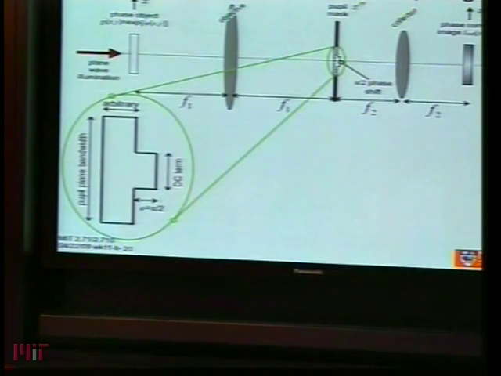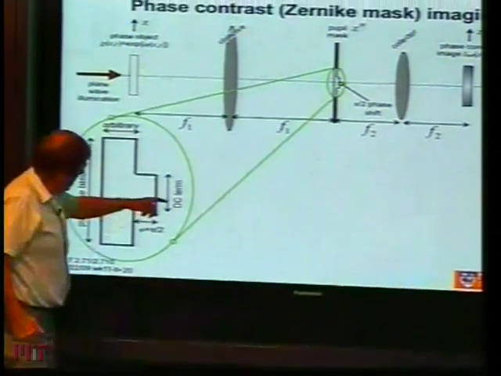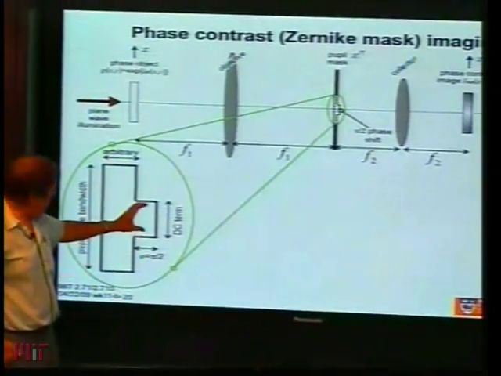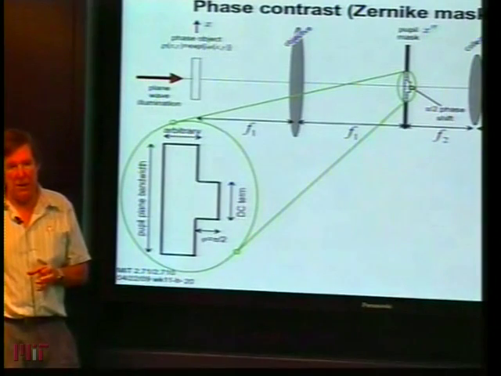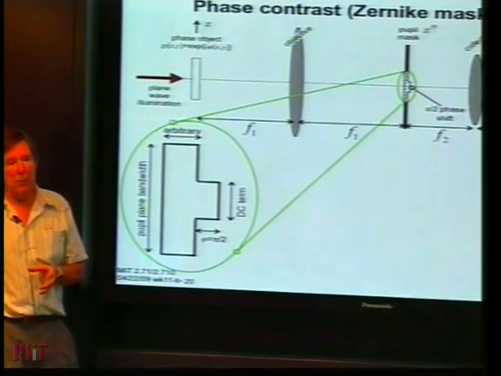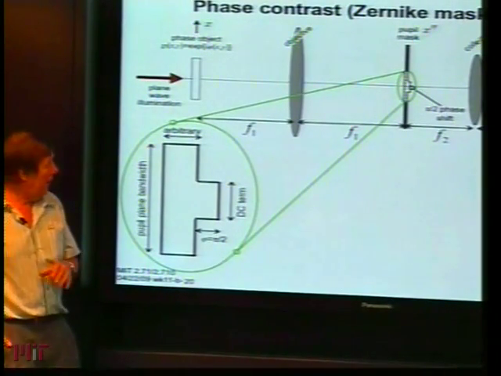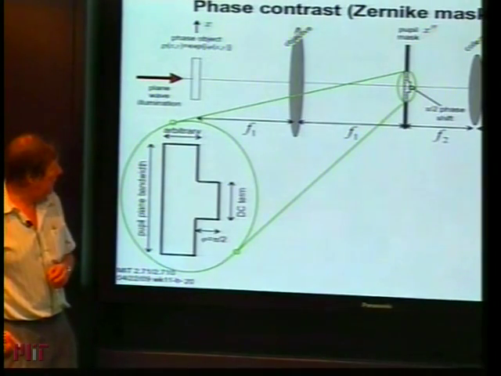It's some bit of dielectric which has this central region which changes the phase by pi over 2. Ideally, what we want is for this to be very small. What we're trying to do is change the phase of just the DC component, the unscattered light component, relative to all the rest.